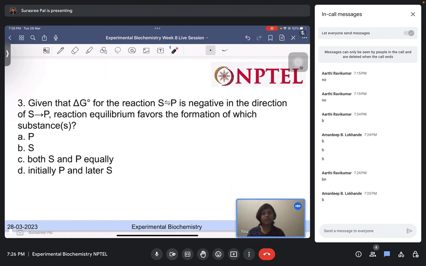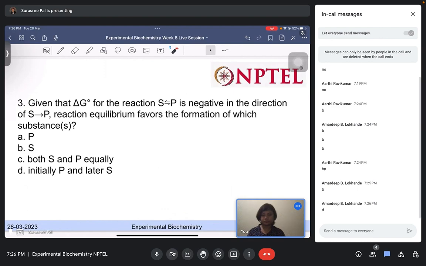What does it mean if delta G is negative? No, your answer is not correct, Madi. If delta G is negative, it means that it is a spontaneous reaction.